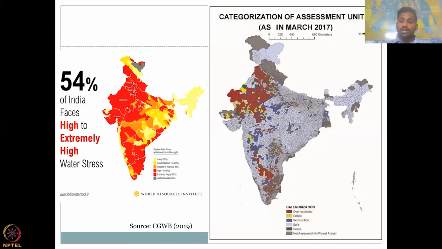So the concern is being raised in this course, and you will also be taught how to manage groundwater, so that even though you are projected to have high water stress, if your groundwater reserves are good, or in a positive blue color, then you will be able to sustain the groundwater depletion scenario.